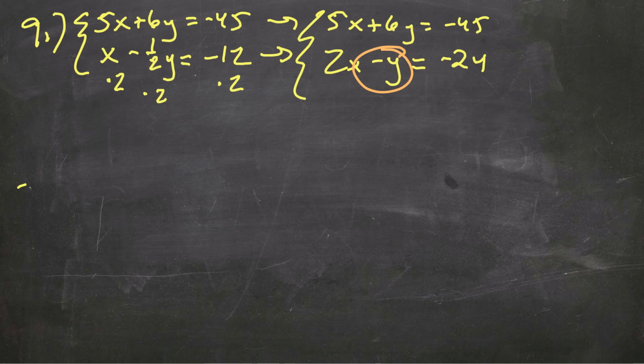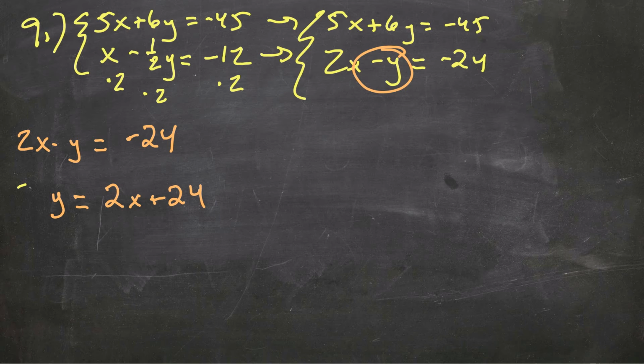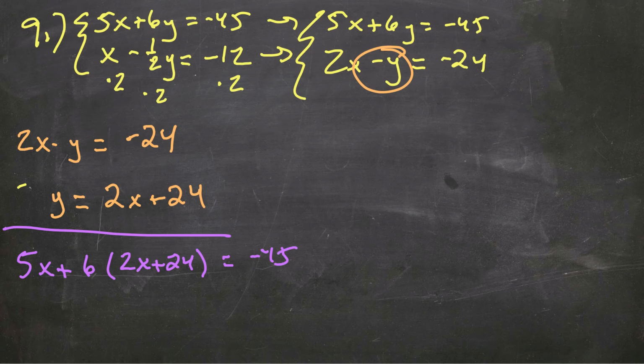So I'm selecting y, so I say 2x minus y equals negative 24. I subtract 2x, I divide by negative 1, I get y equals 2x plus 24. Now I use the top equation. I say 5x plus 6 times 2x plus 24 equals negative 45.